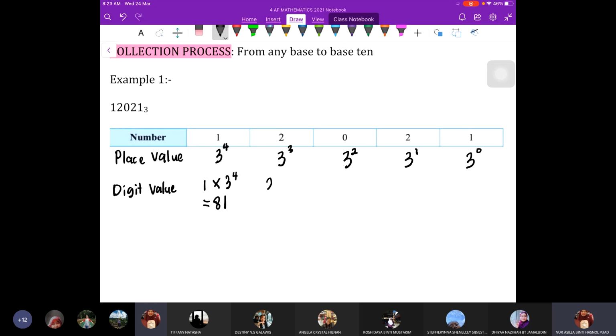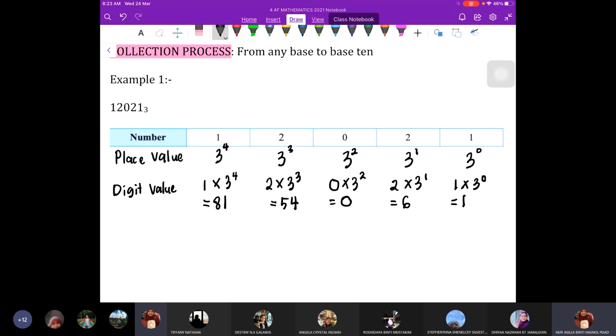And then 2 ni akan jadi 2 times 3 to the power of 3 will give you 54. And then kat sini dia akan jadi 0 times 3 to the power of 2 will be 0. And then 2 times 3 to the power of 1 will be 6. And then 1 times 3 to the power of 0 will be 1.